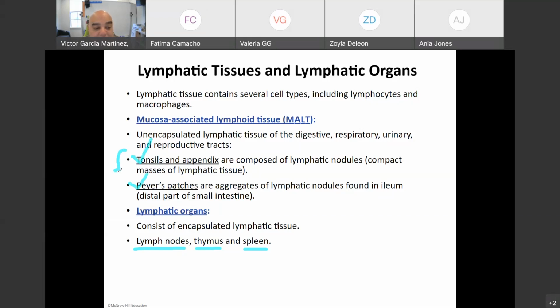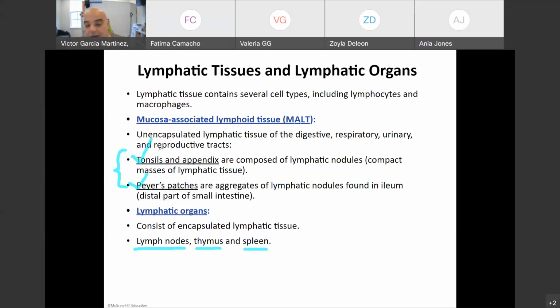They are not really organs, but they are tissues embedded inside of real organs. For example, in the mucosa of your pharynx, you have tonsils. And remember, you have three kinds of tonsils: palatine tonsils, pharyngeal tonsils, and sublingual tonsils.